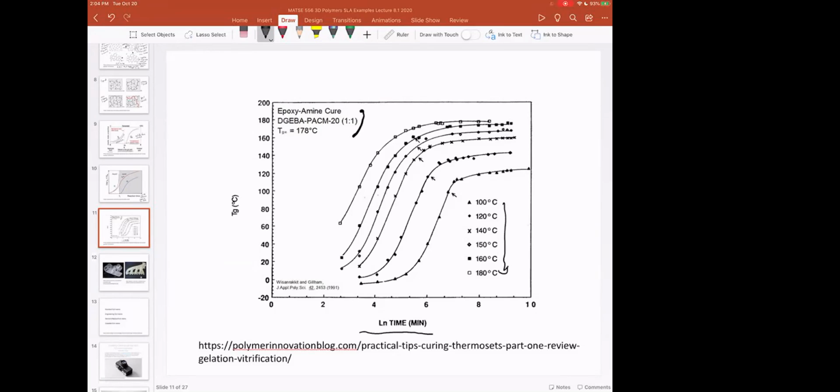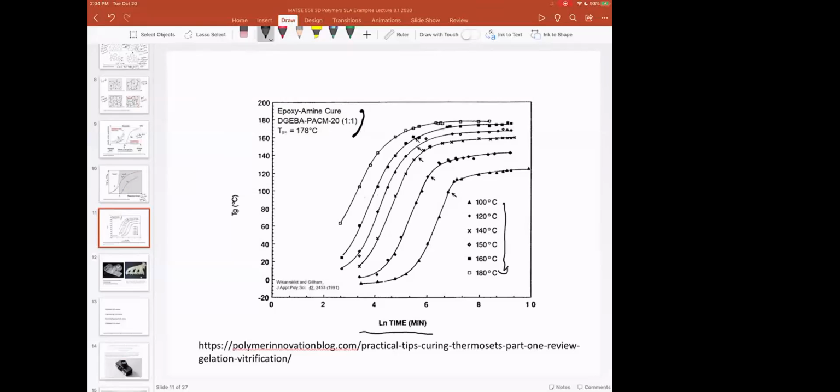You can see that as we increase temperature, or as we increase the dose of light, as I'll show in some of the working curve examples, you can increase the speed of the reaction so you can process the material faster and faster. So this gives now some idea about how these materials are processed and some of the parameters that you need to undergo this liquid to solid transition.